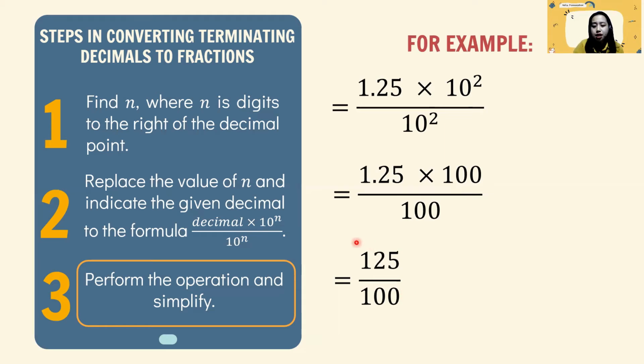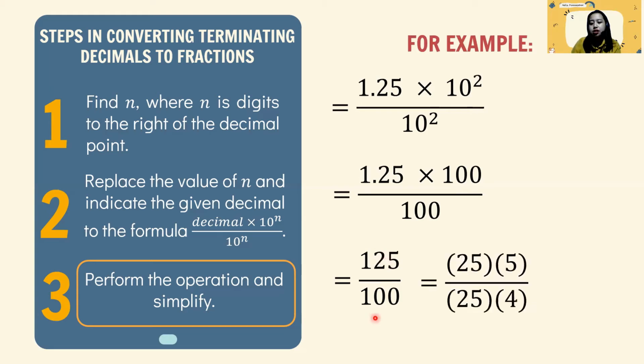As you can see, we have a fraction whose numerator and denominator both have bigger values, so we will now simplify this fraction. What do you think is the GCF of 125 and 100? That's right. The GCF of 125 and 100 is 25.